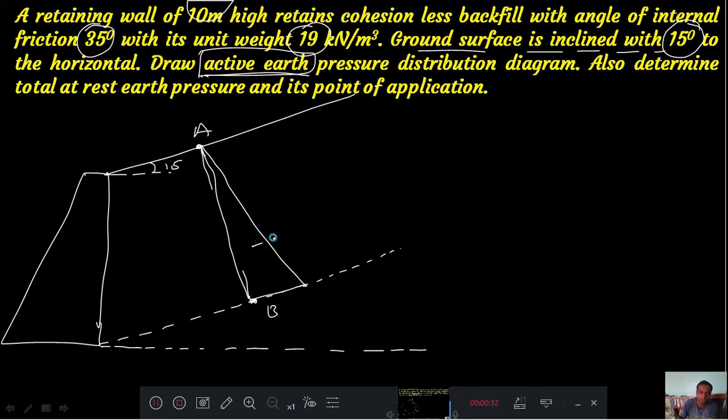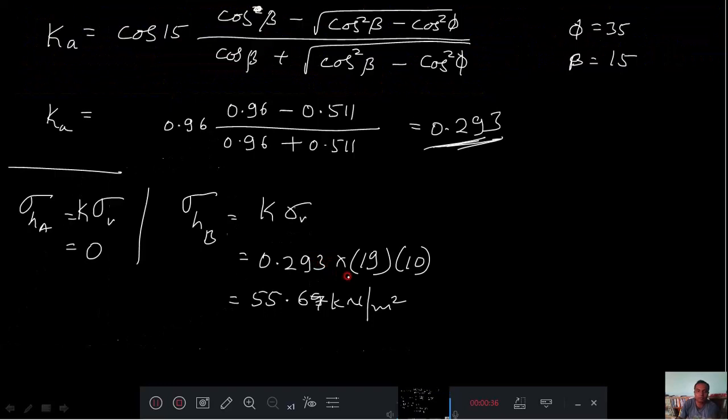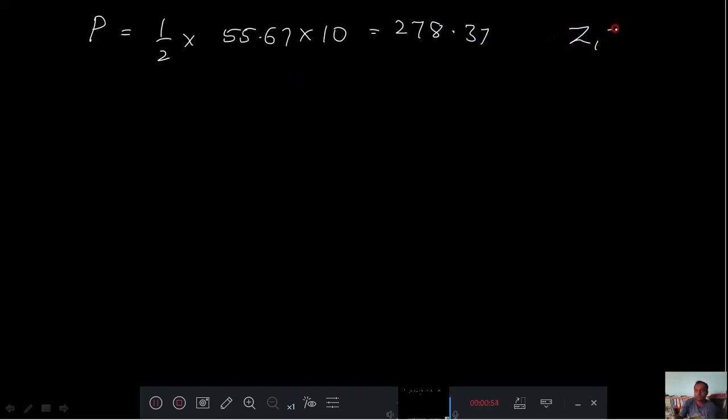Then we need to calculate the capital P. That capital P will be equal to half into 55.67 into 10 meter, that is 278.37, and this Z1 will be equal to 10 by 3 from the bottom, that is 3.33 meter.